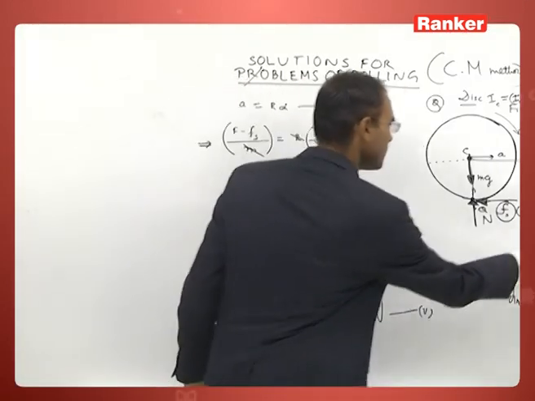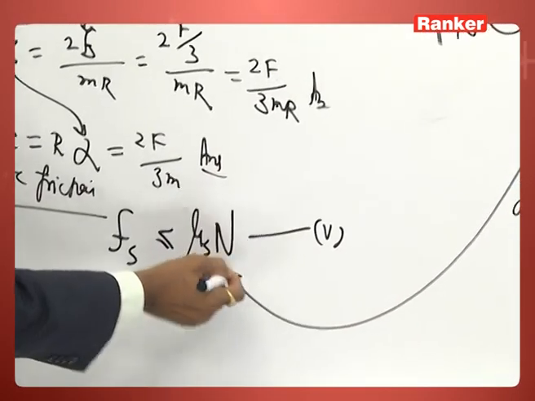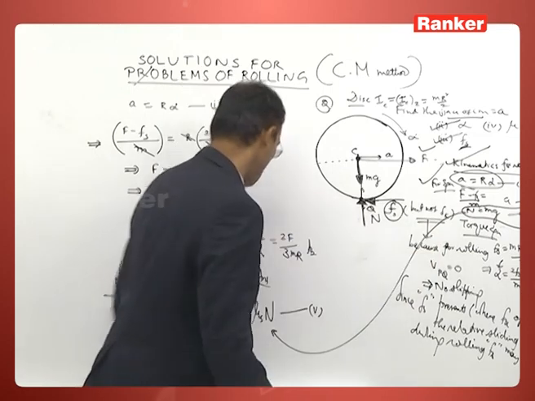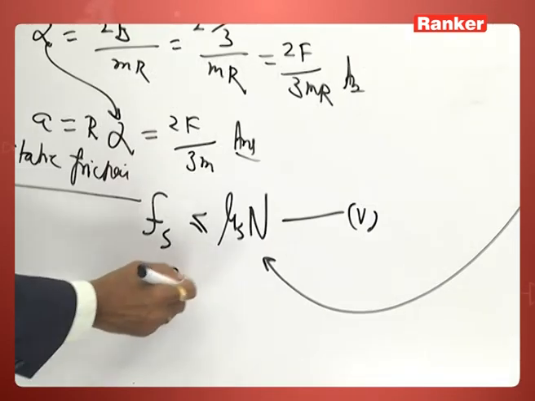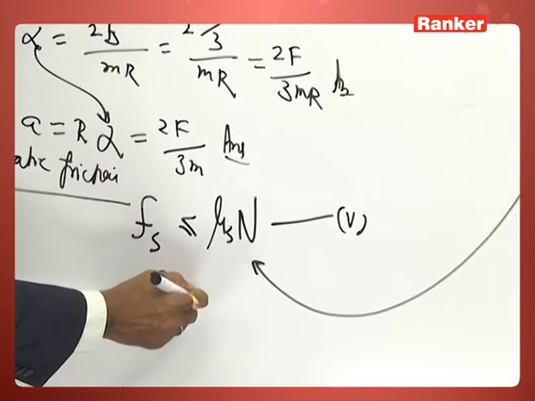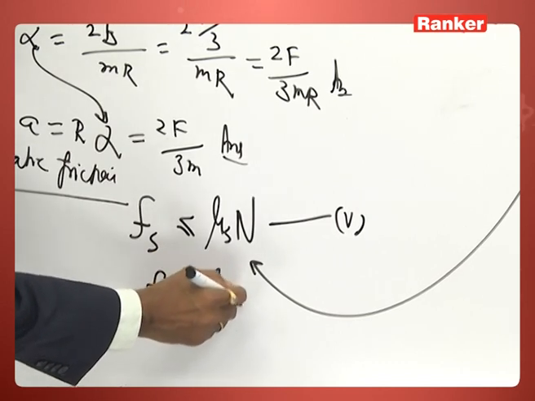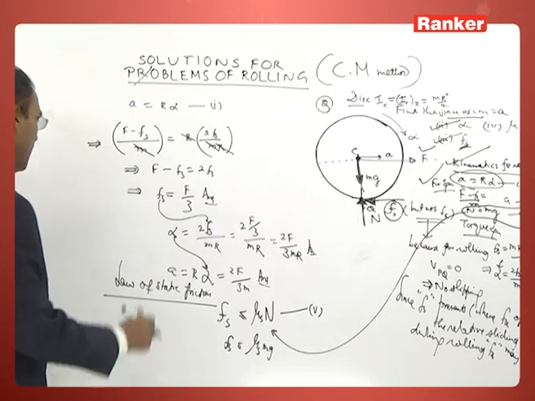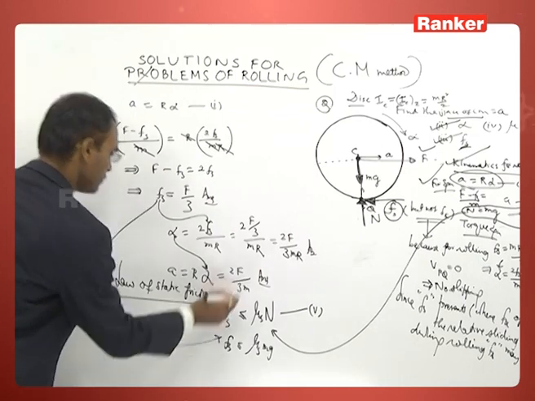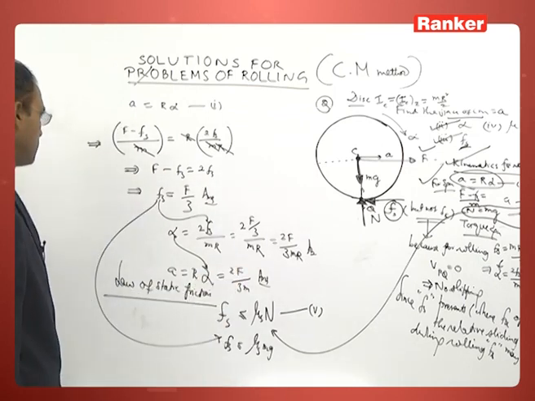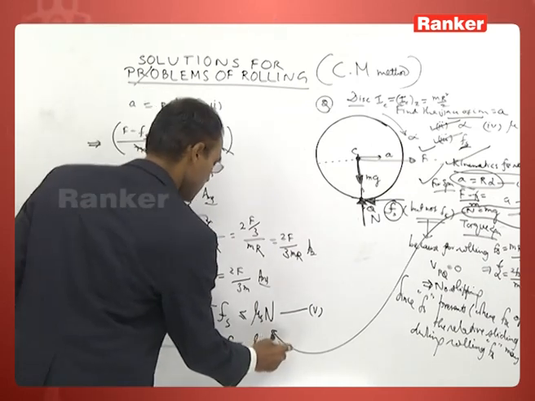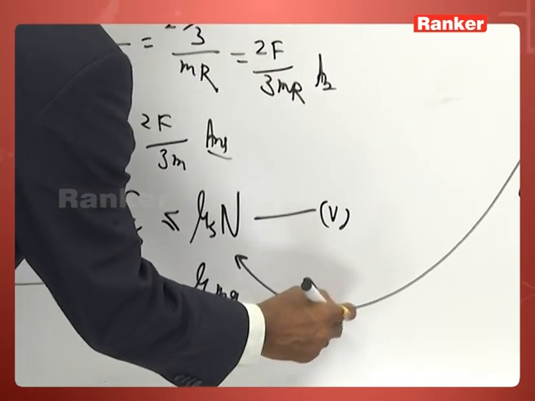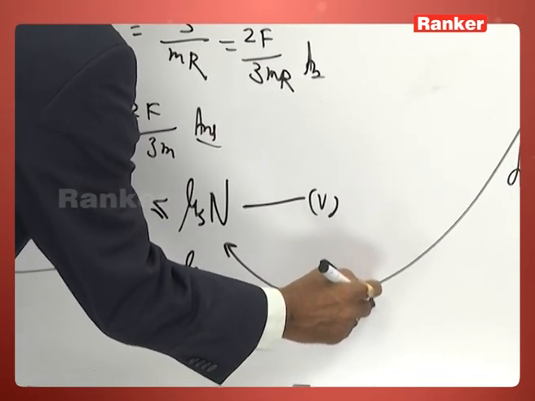And what is N? N is equal to mg. Using these two equations, we can get Fs is less than or equal to mu s mg. But what Fs have we calculated? Substitute here. That is F by 3 is less than or equal to mu s mg.